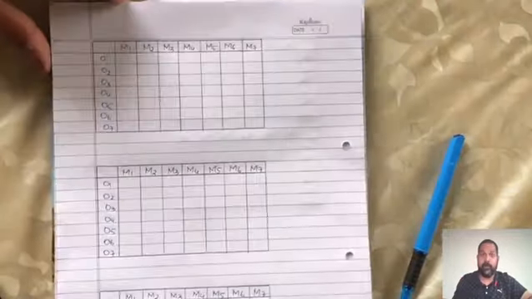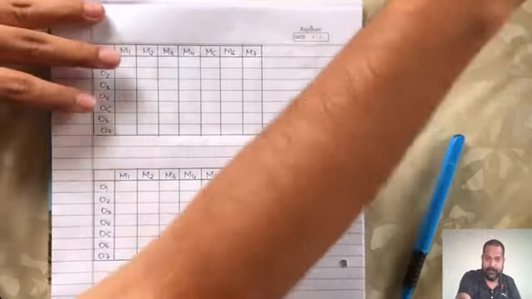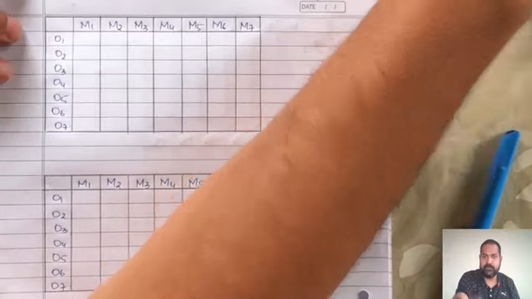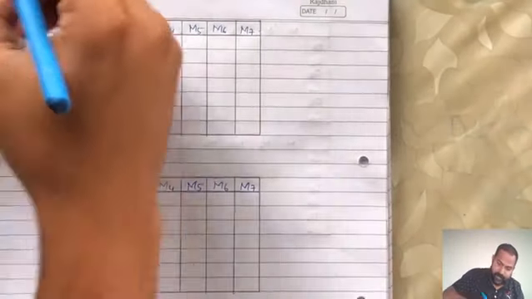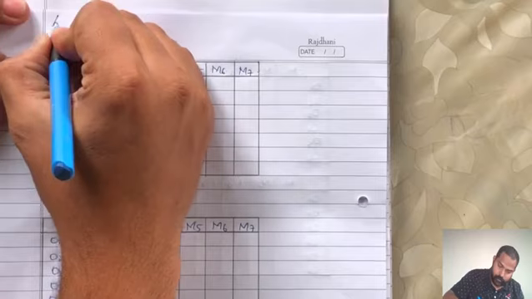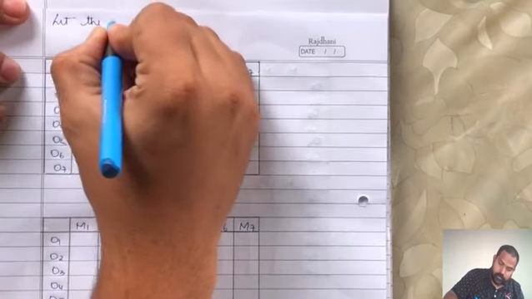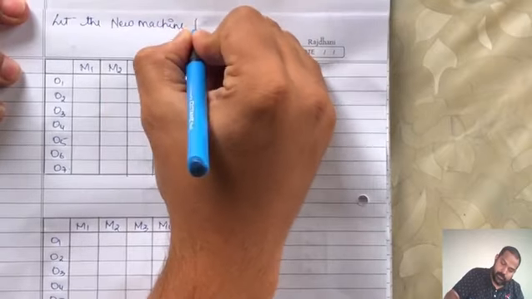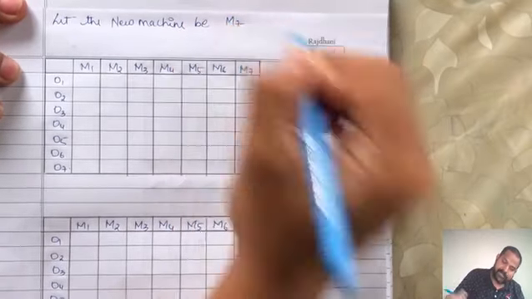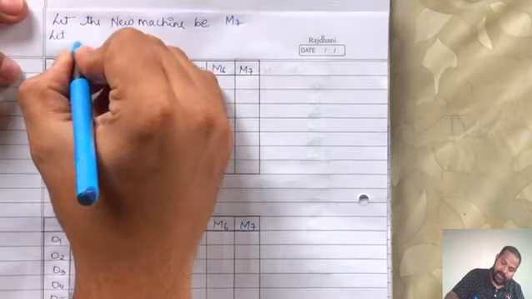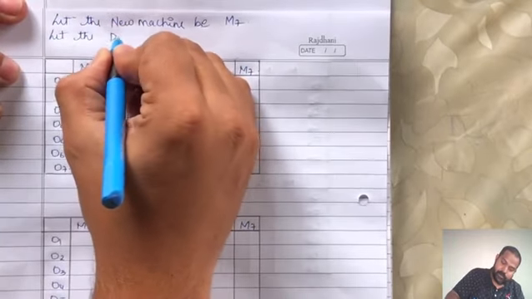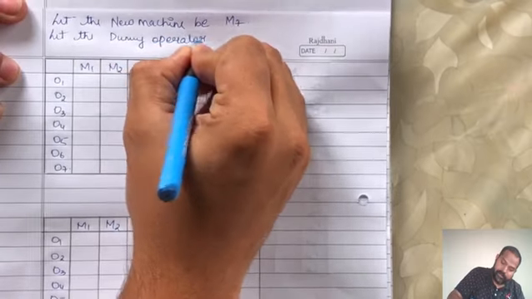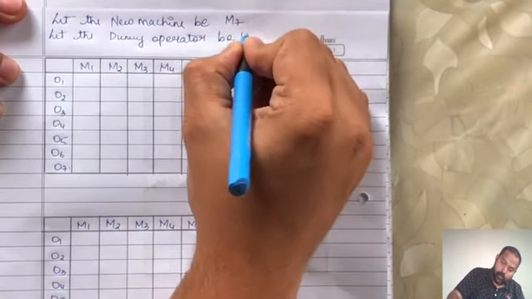The first declaration is: let the new machine be M7 and let the dummy operator be O7.